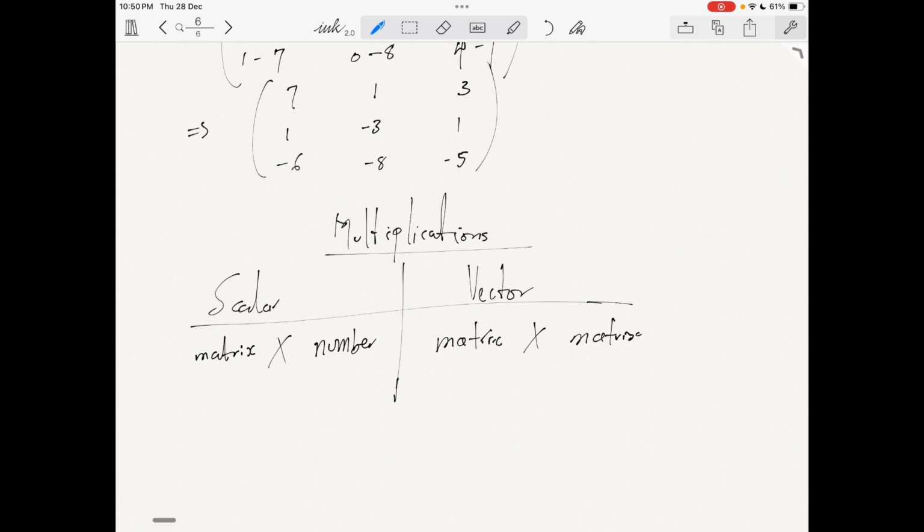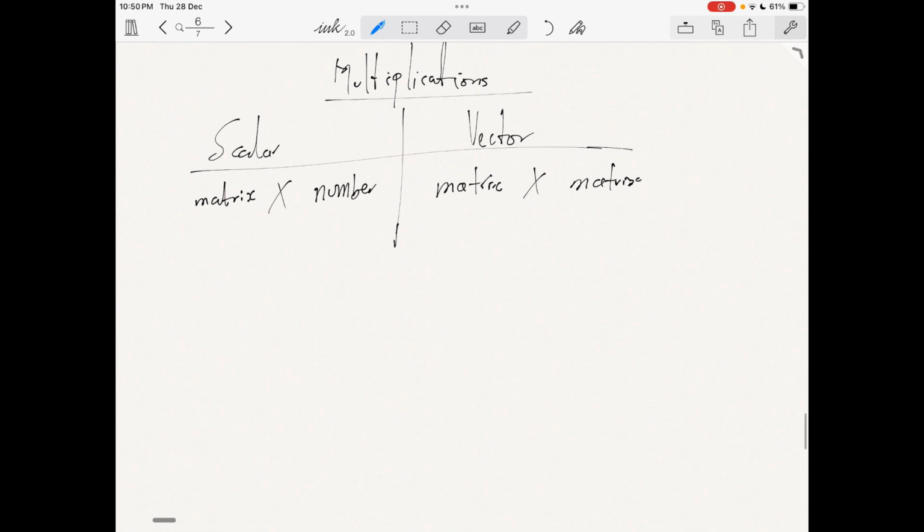So we will look at both vector matrix and scalar matrix, and we will split them down to know how far. So let's start with scalar multiplication.